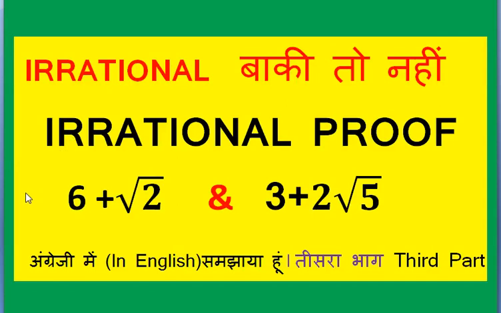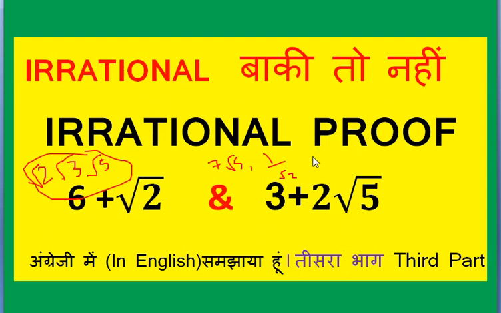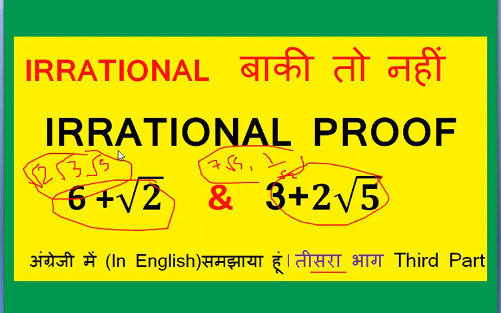Before this video, in part 1 of irrational, we have read root 2, root 3, root 5, root 7 are irrational, and after this in part 2 we have read 7 root 5, 1 by root 2, 3 root 5 are irrational, and in this last third part we have read 6 plus root 2, 3 plus 2 root 5 is irrational.